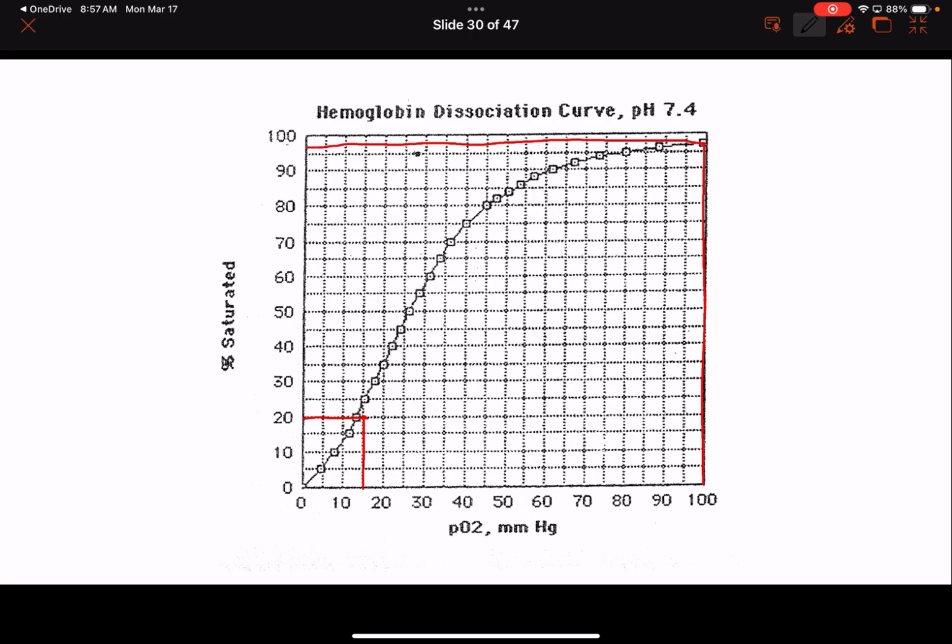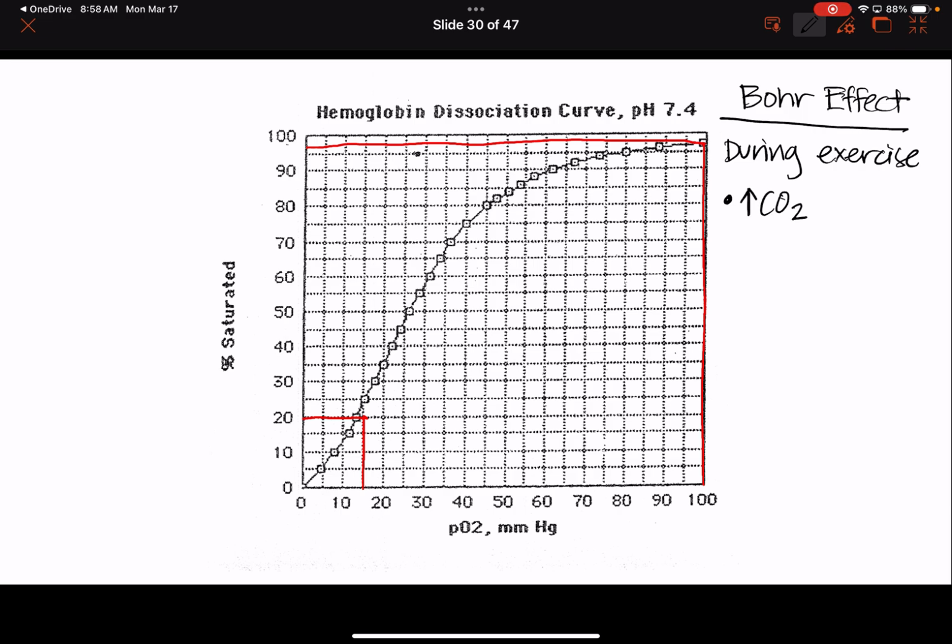So we have something that helps us with that, and it's called the Bohr effect. So during exercise, and this might already be in your notes, are you giving off more or less CO2 during exercise? More. We have an increase in CO2. Do y'all remember that bicarbonate buffer equation from B32?